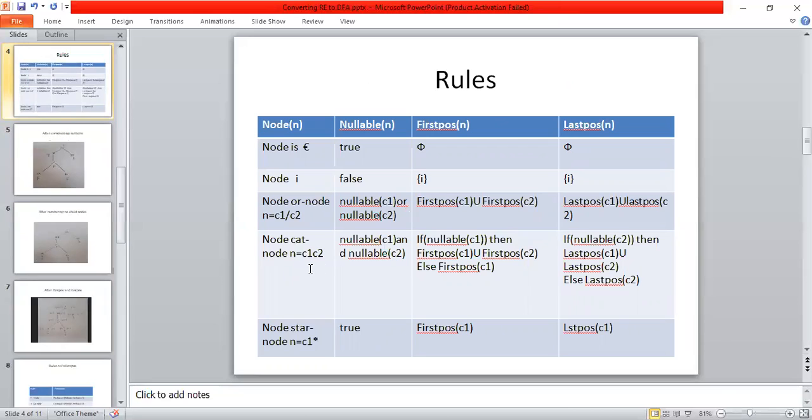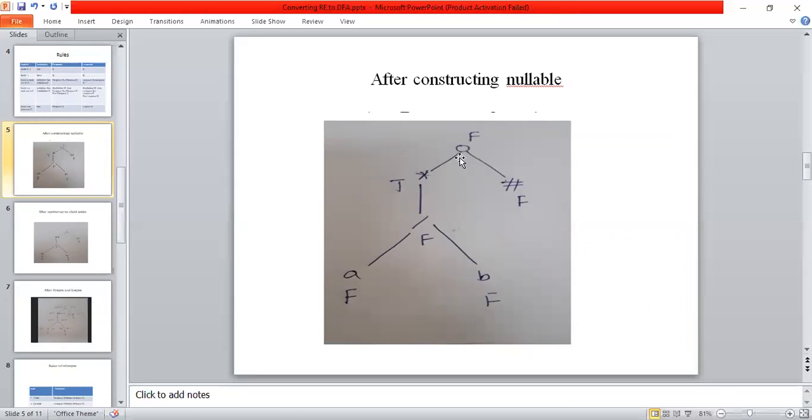If it is a cat node, nullable of C1 and nullable of C2. So, its left child and its right child. Left child is true and right child is false. True and false, then you will get false. So this is about nullable values for a given syntax tree.